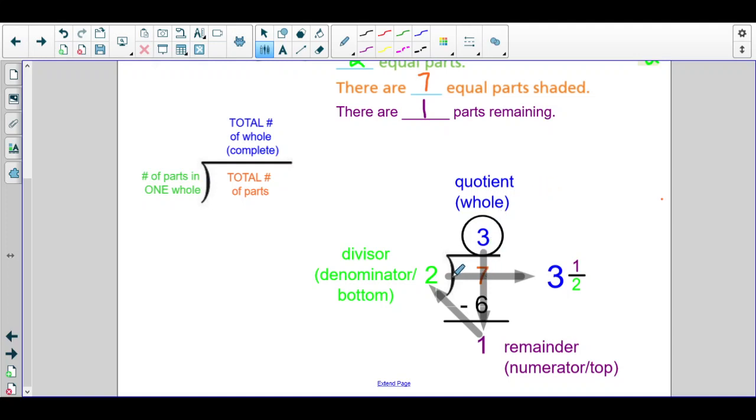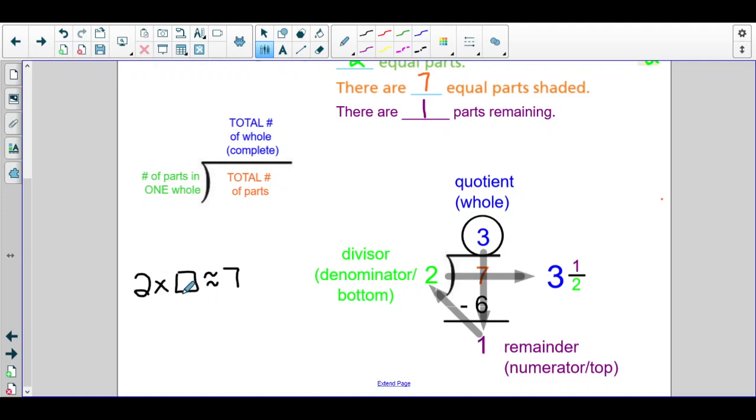So we're going to take 7 divided by 2. Oh my goodness. 7 divided by 2. And what I need to do is think to myself, 2 times what number is going to get me as close to 7 as possible without going over.